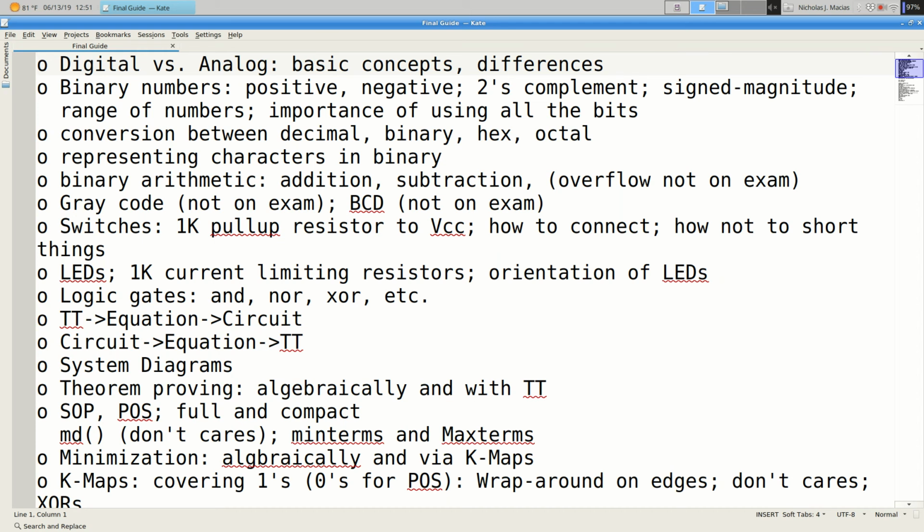You can cover a one more than once. And you're allowed to cover dashes, but you're not required. So if they help you get fewer rectangles or bigger rectangles, go ahead and include a dash. Otherwise, just ignore them. And if you have a checkerboard, you've probably got some kind of exclusive OR going on. And so your K-map will probably come up with a horrible equation. That's just what happens.